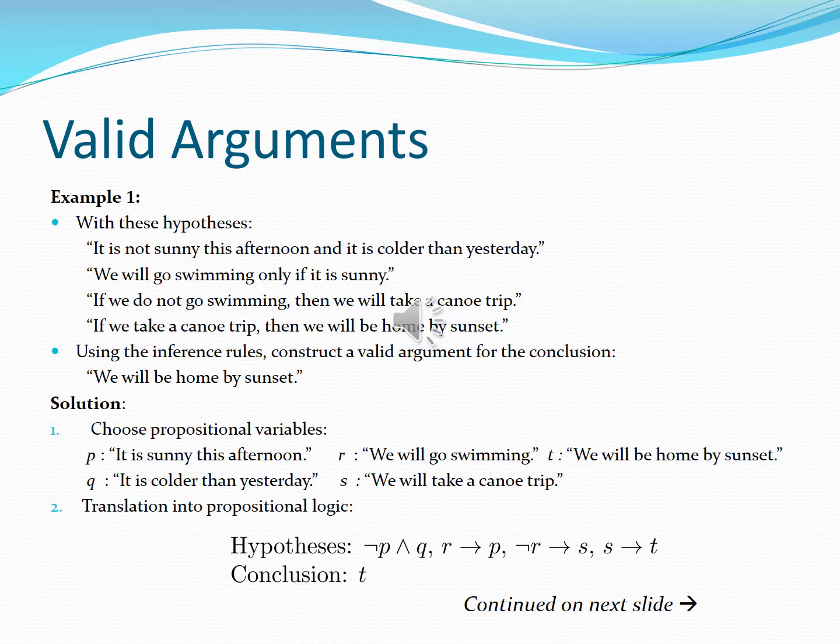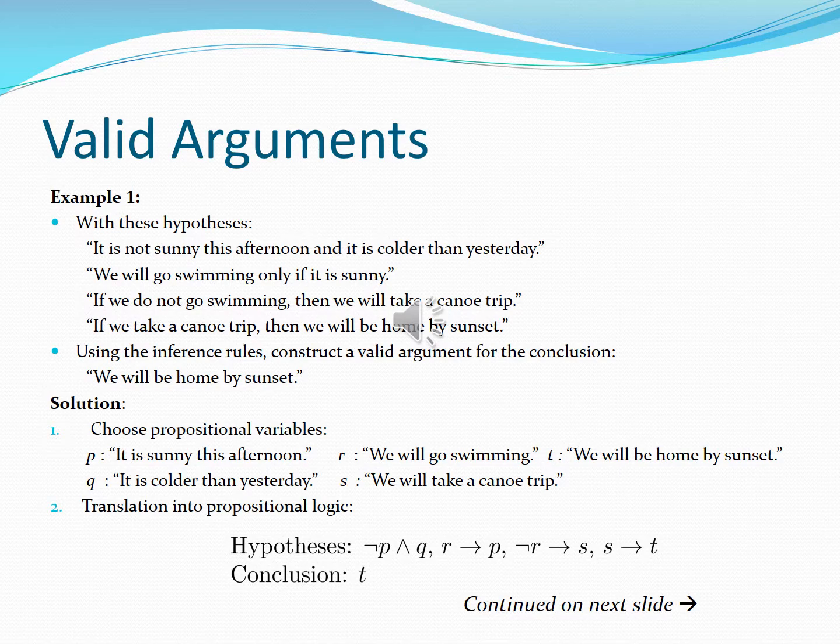If we do not go swimming, then we will take a canoe trip. If we take a canoe trip, then we will be home by sunset. Using the rules of inference, construct a valid argument for the conclusion, we will be home by sunset.